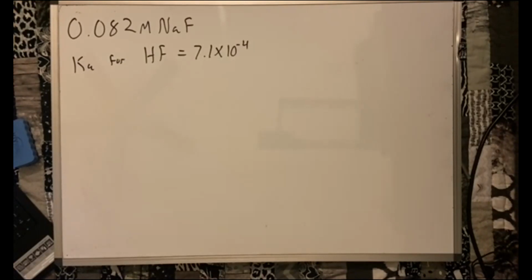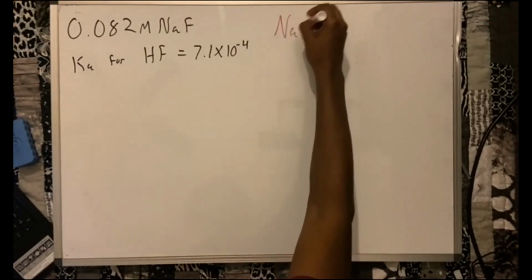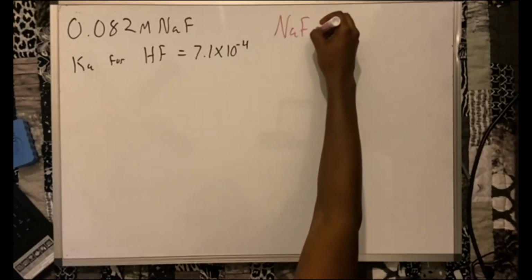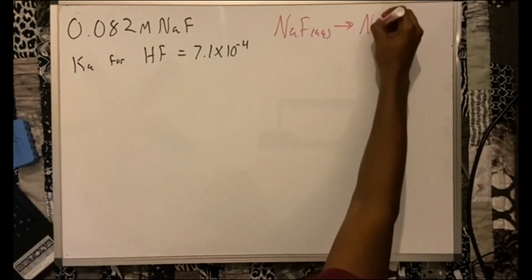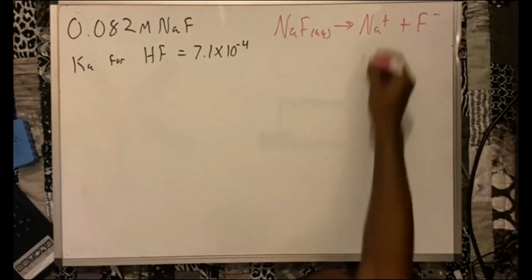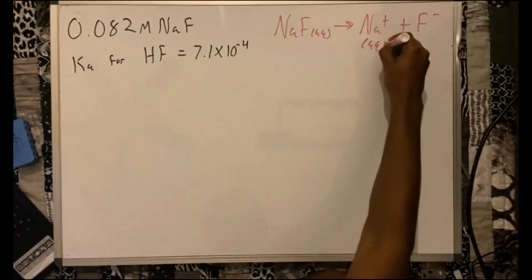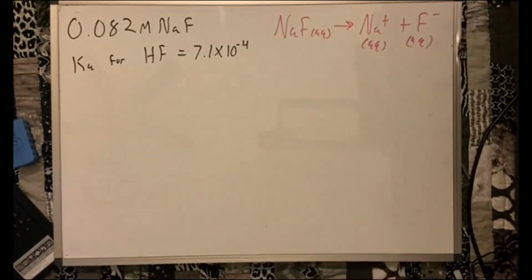Dissociate NaF. That's good. Yeah, let's do that. So NaF is aqueous. It goes to Na plus and F minus. These are both aqueous as well. Okay, dissociated both of them.